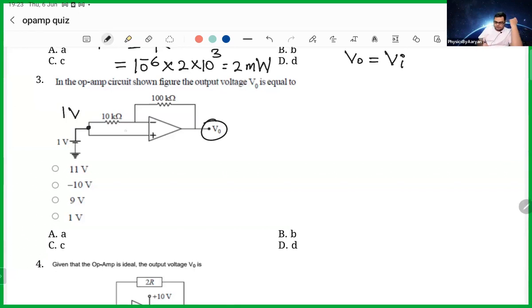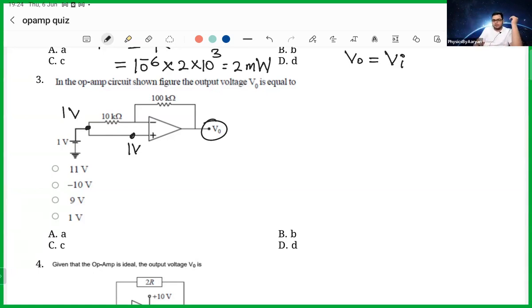If this is 1 volt, then this thing is also 1 volt. This thing is also 1 volt, and so on. Why is this point also 1 volt? Because this point and this point are simply connected by a wire, and if they are simply connected by a wire, then both the points are the same, which makes sense.